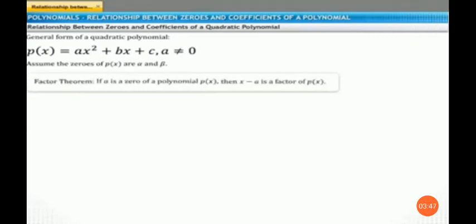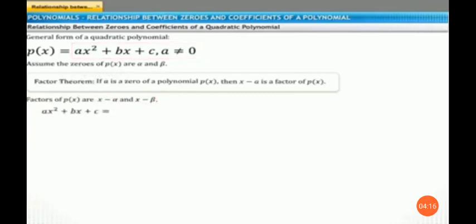Then by the factor theorem, if alpha is a zero of the polynomial, then x minus alpha is a factor of p of x. So we have taken alpha and beta as its zeros, so x minus alpha and x minus beta are the factors of p of x.